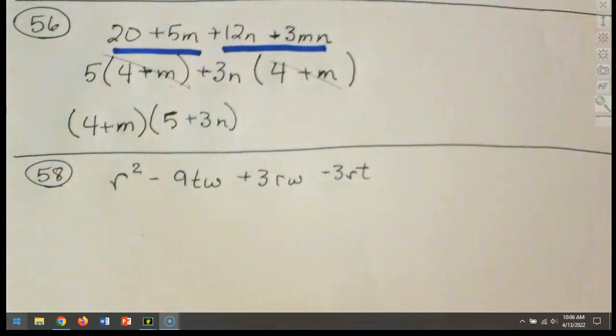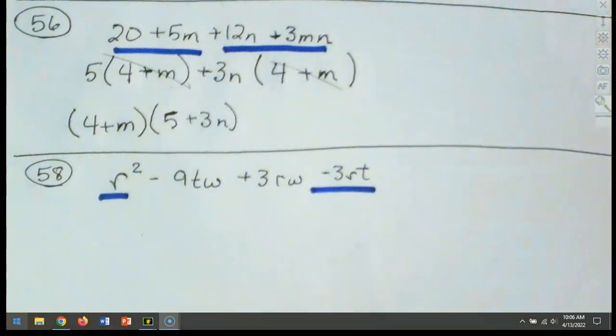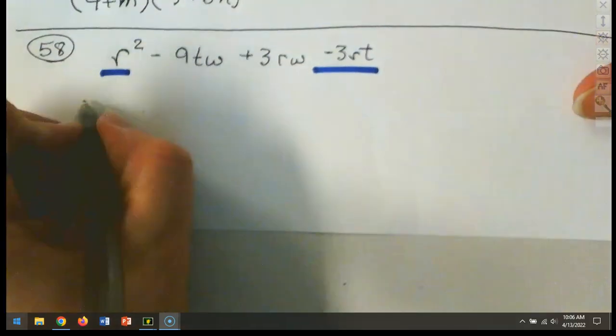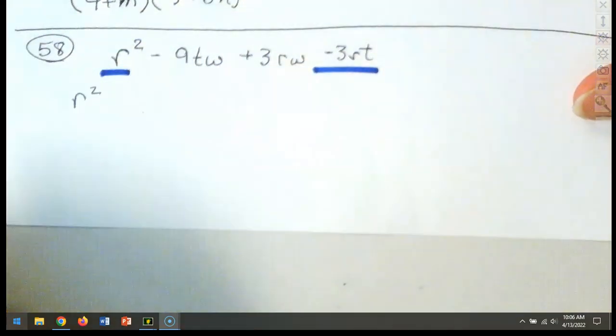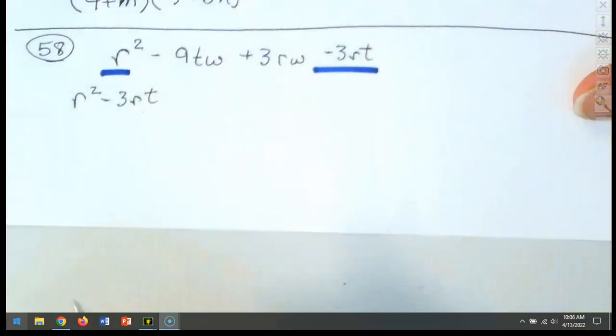So let's group and rewrite this r squared. Let's put it with the 3rt. So I'm going to rewrite it in a little bit of a different order here. So I'm going to now rewrite this as r squared minus 3rt. Now, why did I do that?